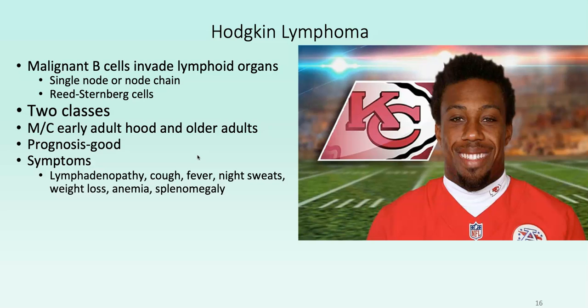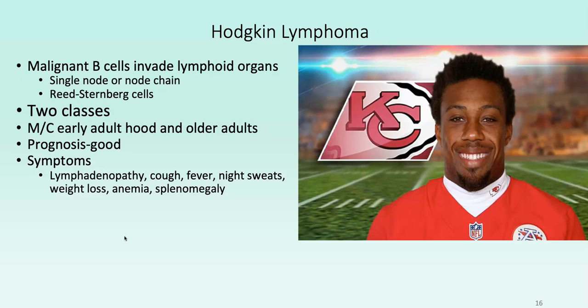It is a form that exhibits nodular growth, but it is rare that it will not contain Reed-Sternberg cells. And this form exhibits a slow progression and has an 80% overall survival rate.